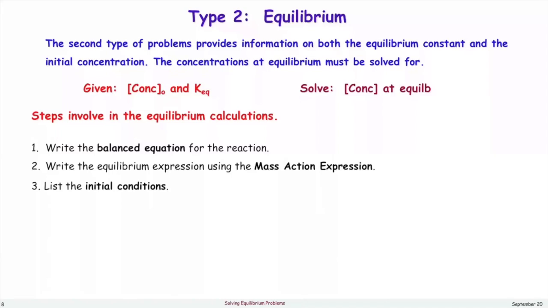That way you don't make that same mistake as you solve these types of problems. List the initial conditions. That is, if you're given reactant, write that in the ICE table, the initial concentrations. If you're not given concentrations, then convert to molarity. You need to know how to do that. If you're given pressure, then make sure you use the partial pressure of each chemical.